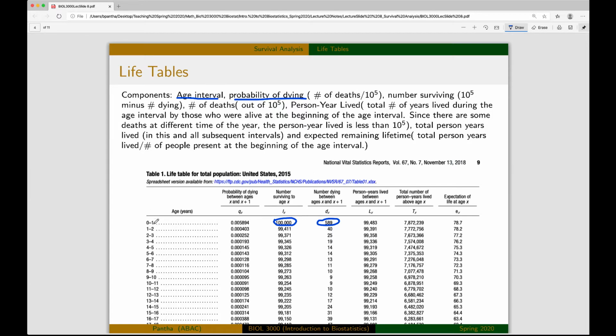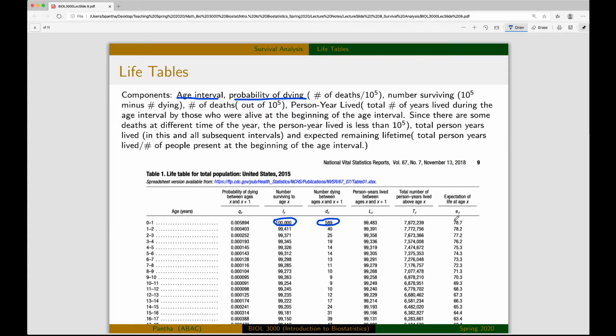But the 5 who died might have died at different times of the year, so you add the ages of those who died too. So person years lived between age x and x plus 1 is how many years the people lived between age x and x plus 1. For the first one, it is 0 and 1. This is the total number of person years lived above age x.